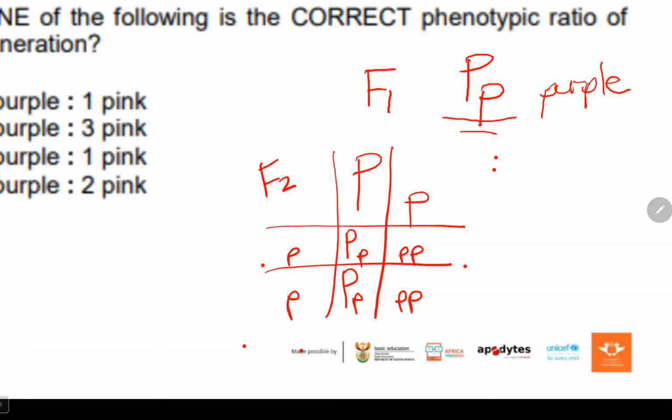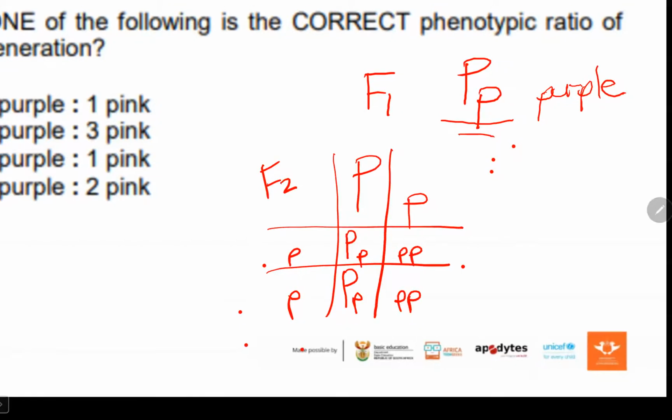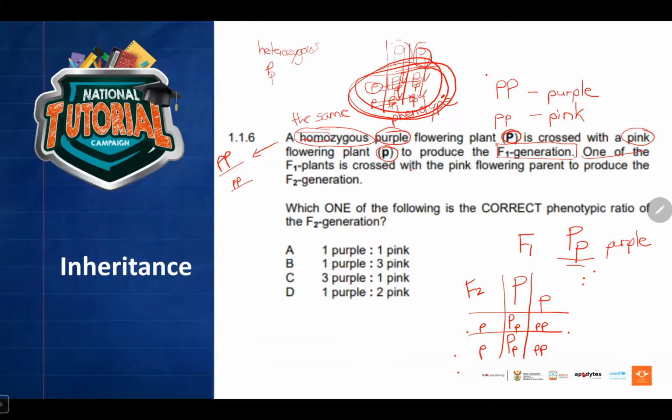So now they are asking us to give the correct phenotypic ratio. What can we see here? These two give us a capital letter in the combination, meaning immediately it is purple. So 2 out of the 4 is purple.